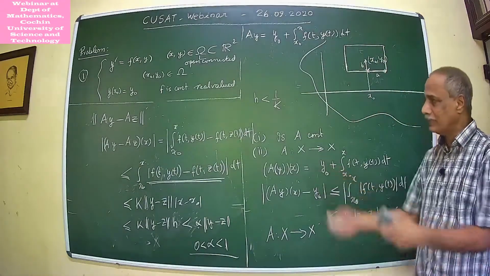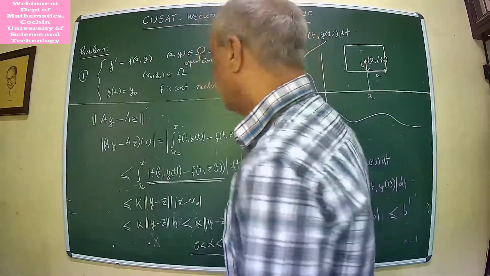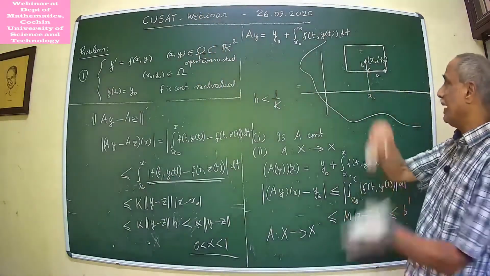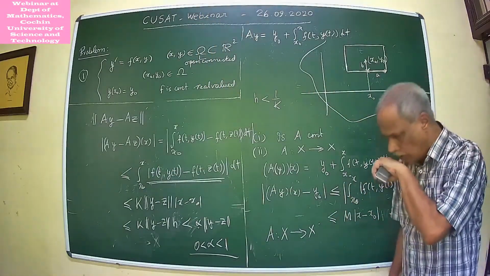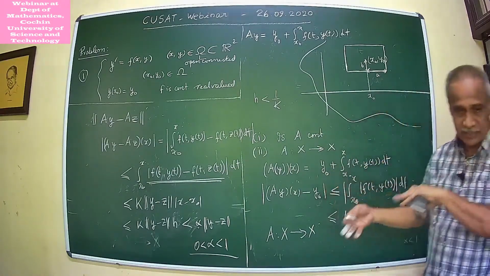So it's a contraction. So it's a matter of just verifying A is a contraction. Therefore now we have completely got the problem solved in the abstract function space.